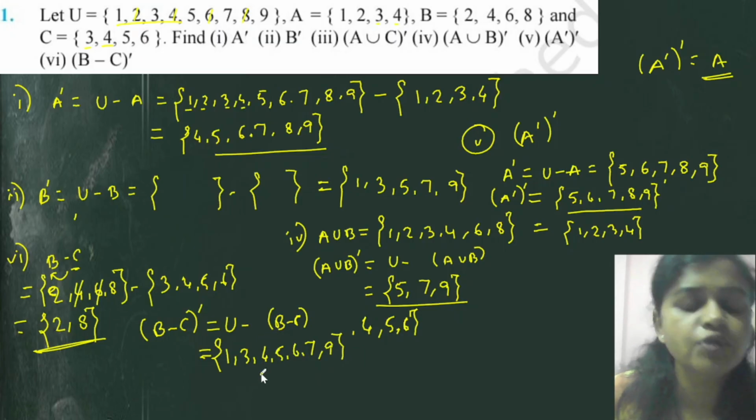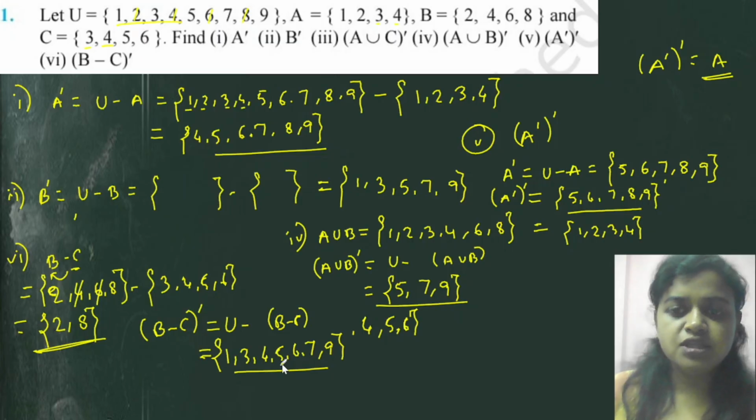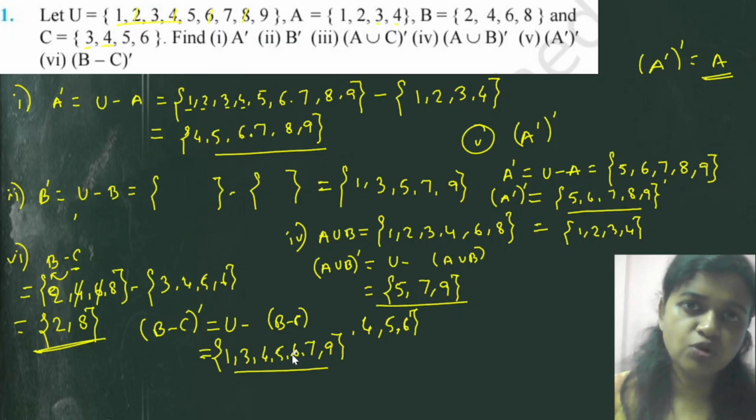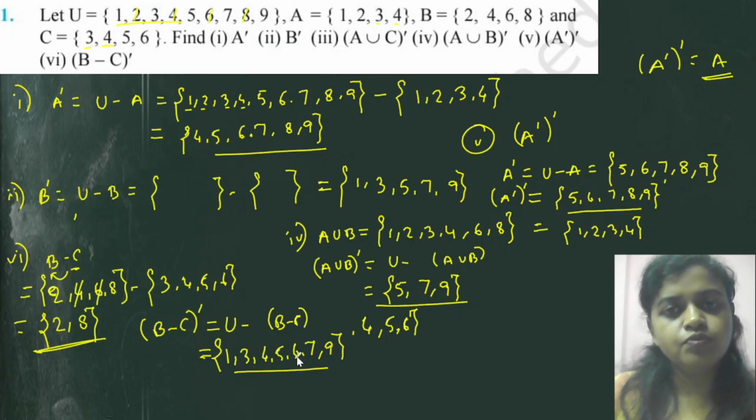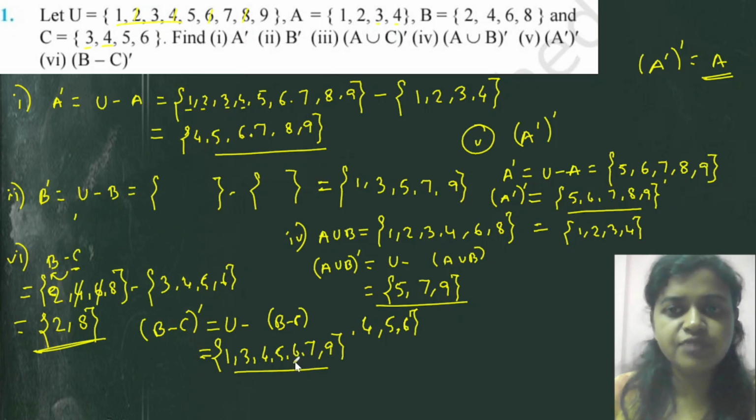Then we get the complement of B minus C. So in this way we have finished question number 1. If you don't understand, you can repeat this video and you can understand easily.